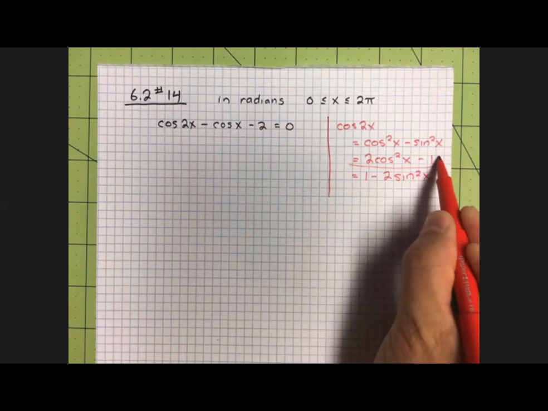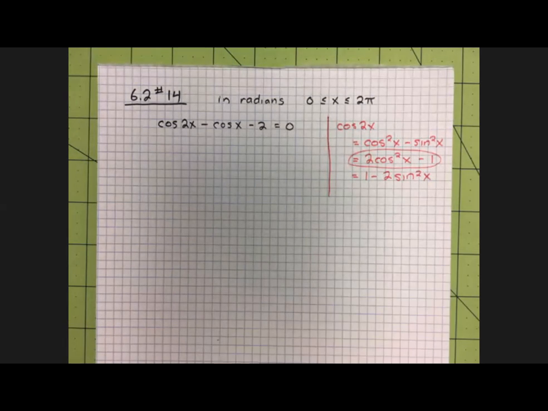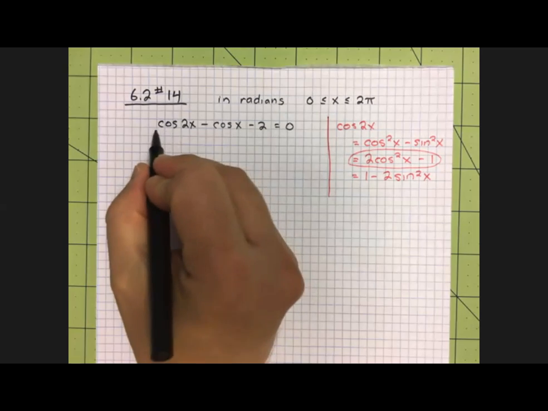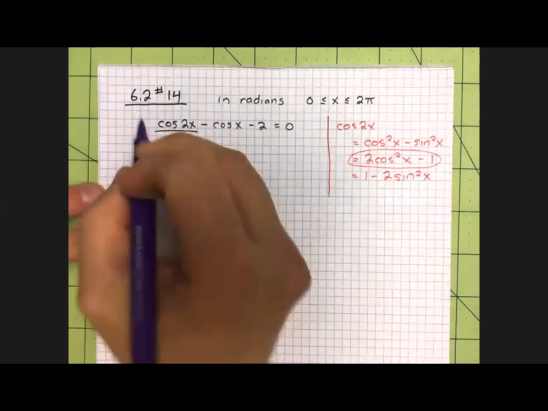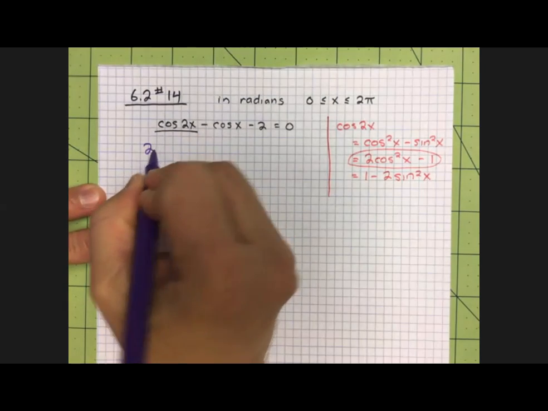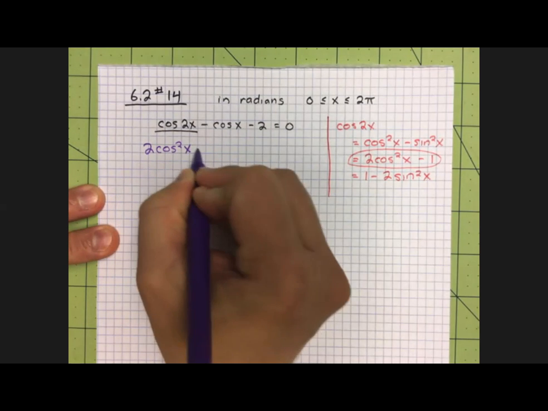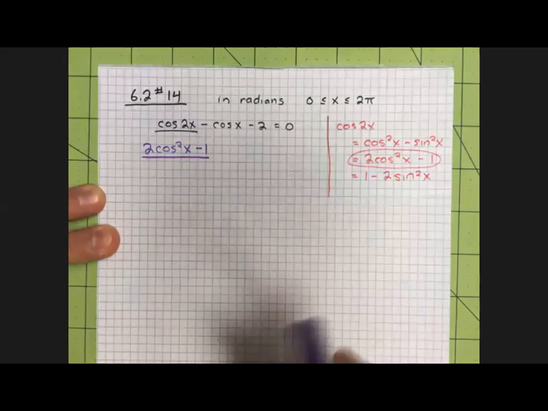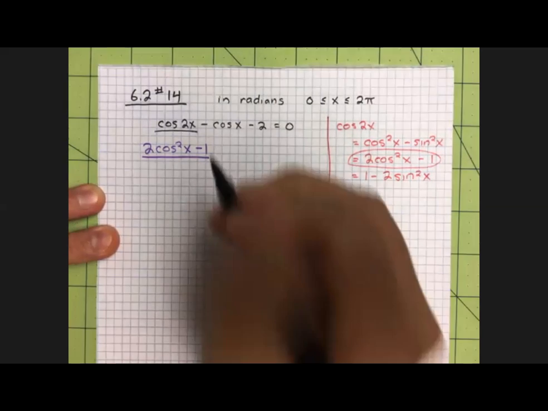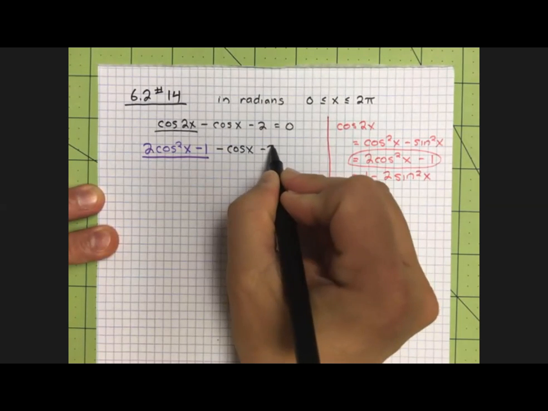This is the identity we want to use, because then I'll have the whole problem written only in terms of cosine of x. So let's replace that with 2 times the cosine squared of x minus 1. And I still have this minus cos x, and I still have this minus 2.